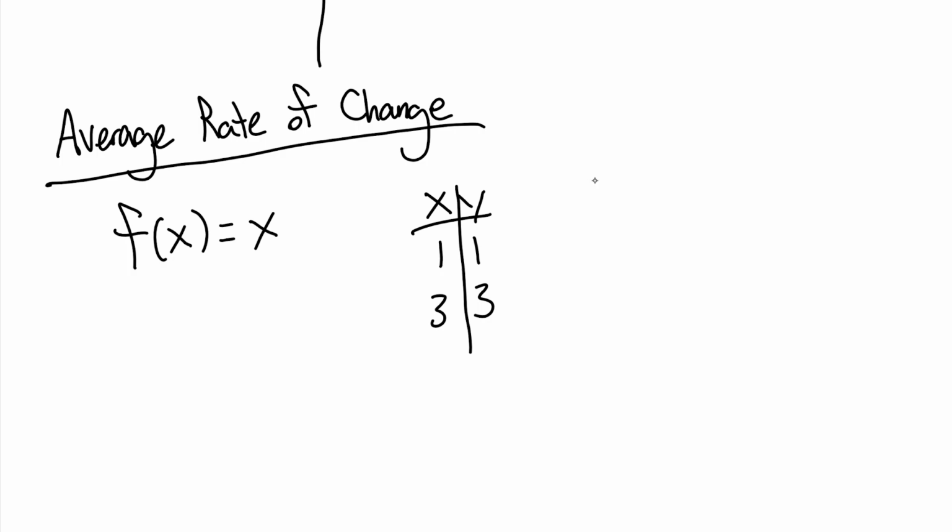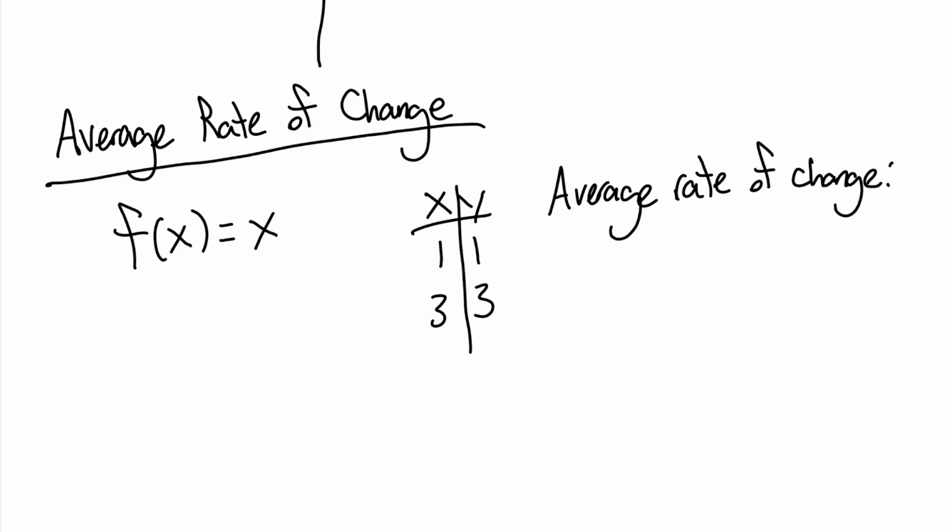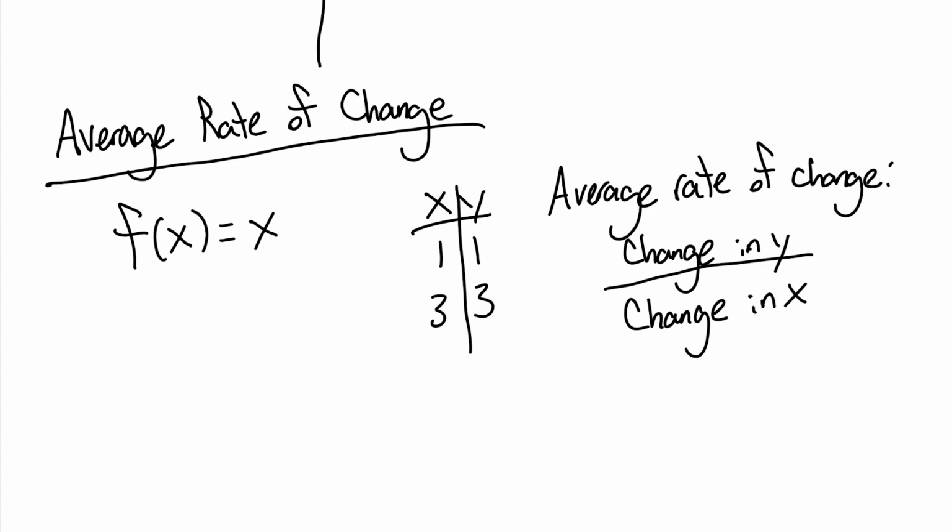So we want to know how much y changes based on the corresponding x change. The way we're going to write the formula for the average rate of change is the change in y divided by the change in x.